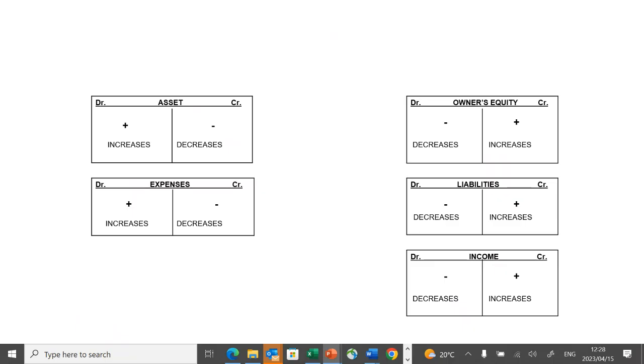So you can already tell that assets and expenses behave the same. They increase on the same side, they reduce on the same side. Equity, liabilities, and income behave the same. They increase on the credit side and reduce on the debit side. Another thing that we need to understand here is that transactions that affect expenses and income directly affect what? Equity.